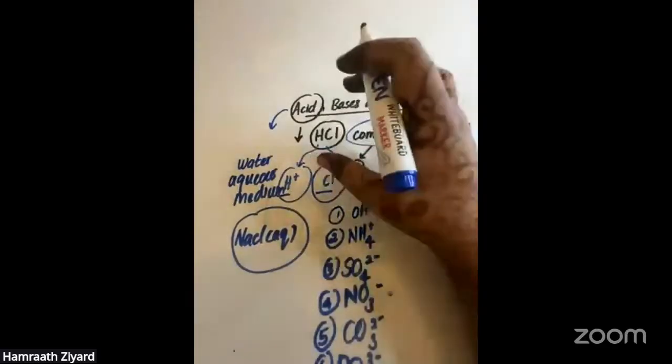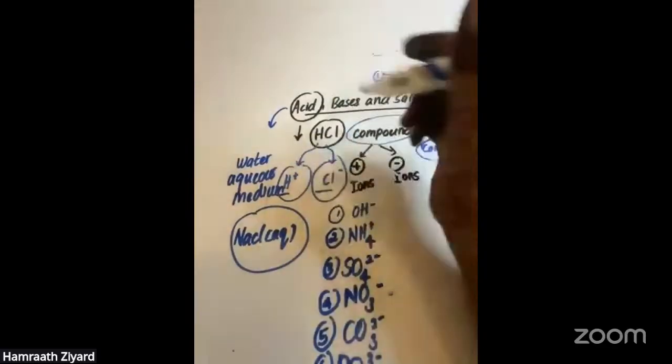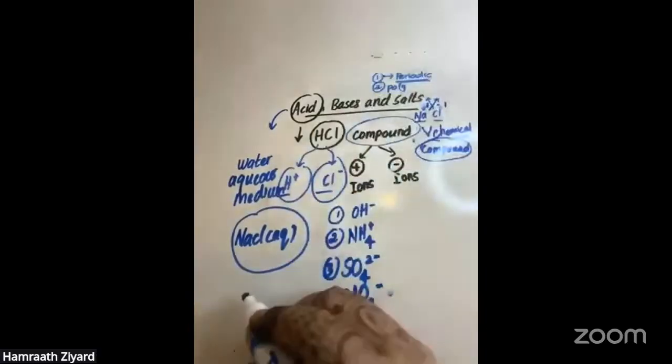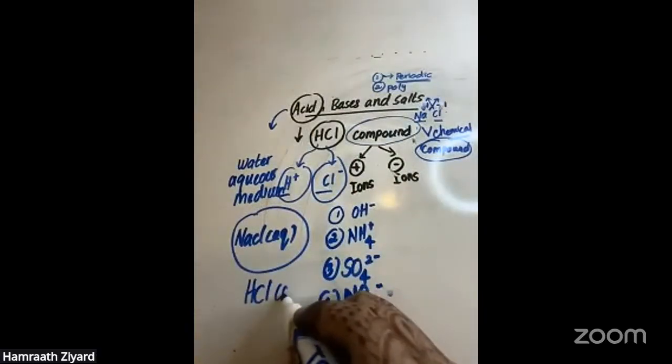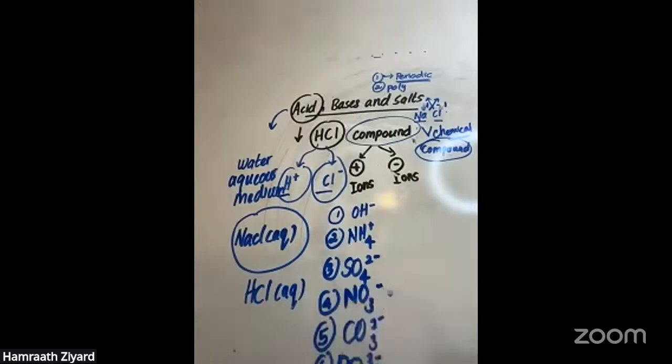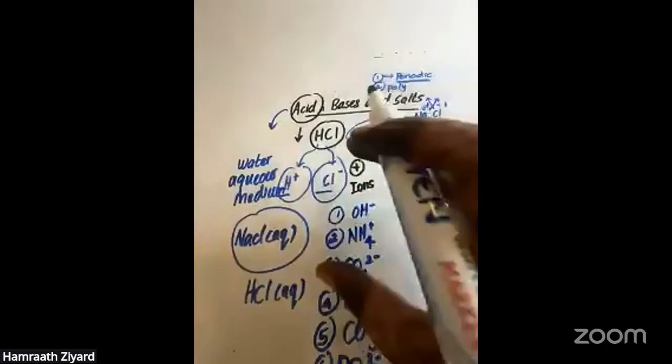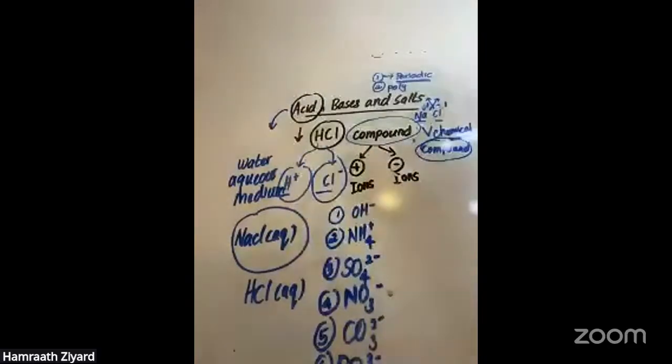Now if I write HCl and in brackets I write aqueous, what does that mean? That means hydrochloric acid plus water.